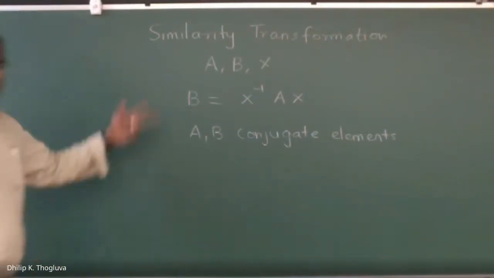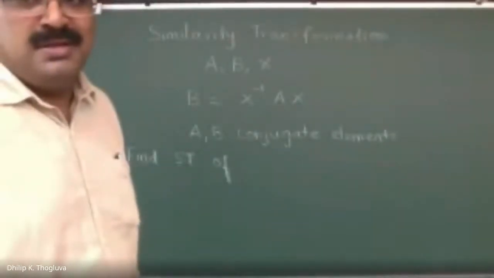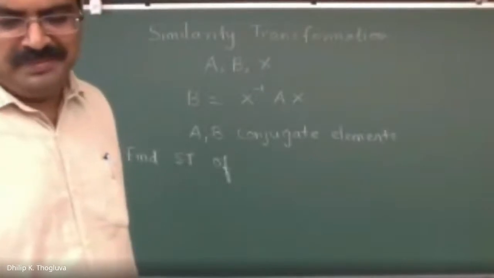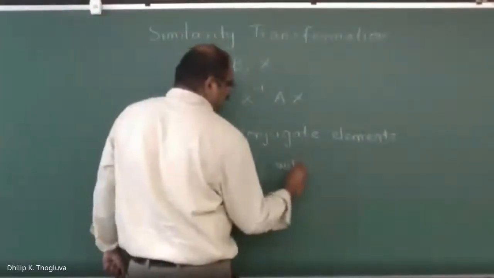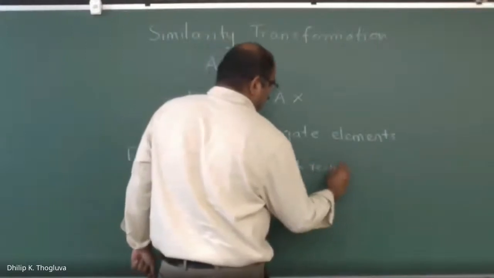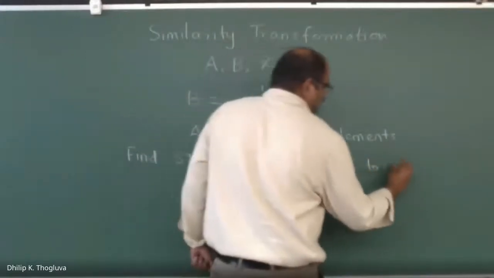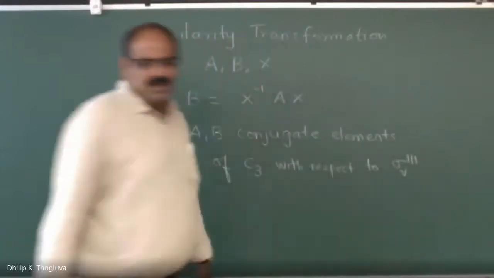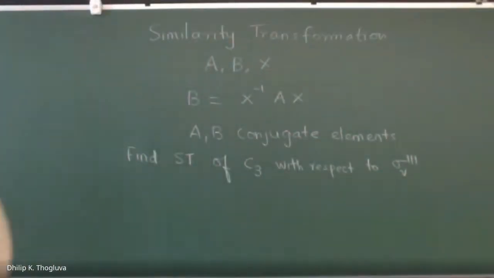One example: find the similarity transformation, I'll write it in short form as STO, of C3 with respect to one other plane, say sigma v triple prime plane in the C3v point group.